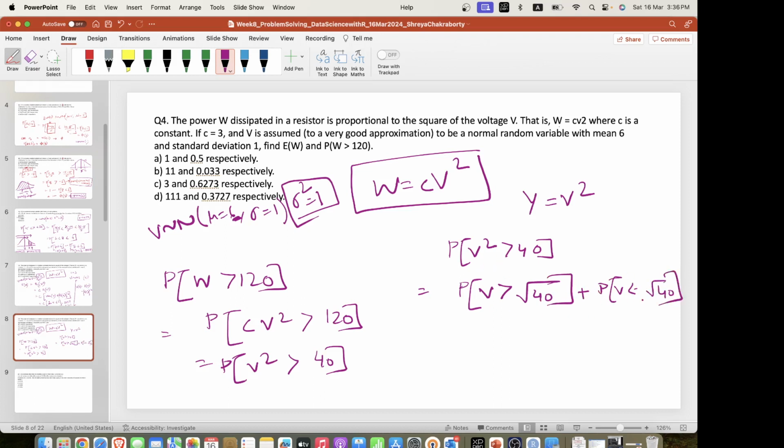Is this part clear to you? Yes, ma'am. V square is greater than 40. So let's say this is my equation. This is an equation of a parabola.